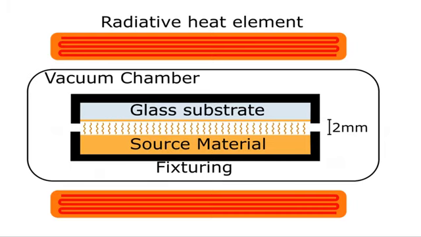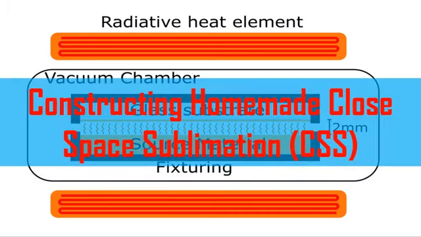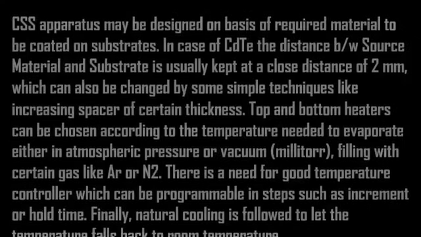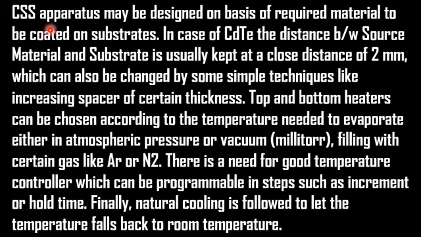Now, student, let's discuss the construction of the closed space sublimation instrument. Like, what are the essential parts present in a closed space sublimation instrument? Let's construct it. Okay, student, a closed space sublimation apparatus may be designed on the basis of the required material to be coated on the substrate.